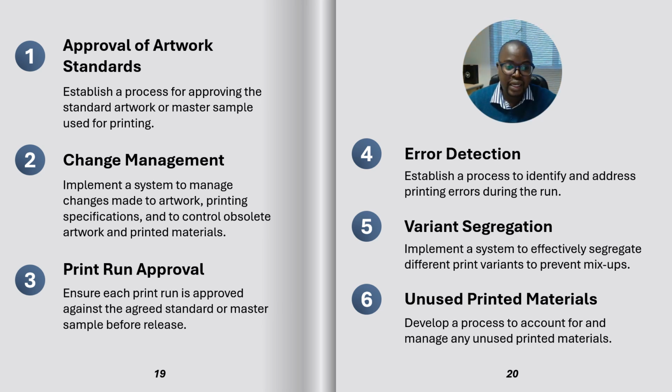The next thing is the print run approval, where the organization shall establish each print run to ensure that it's approved against the agreed standard of master sample before release. So here we are looking at ensuring that before a print run begins, the production team prints a sample and compares it with the approved master sample.